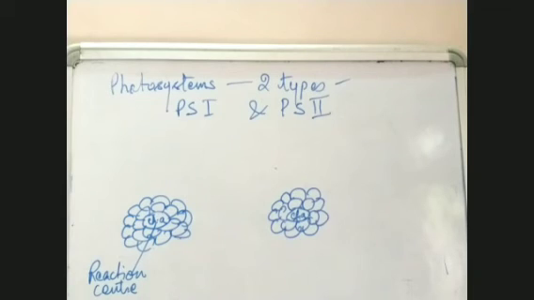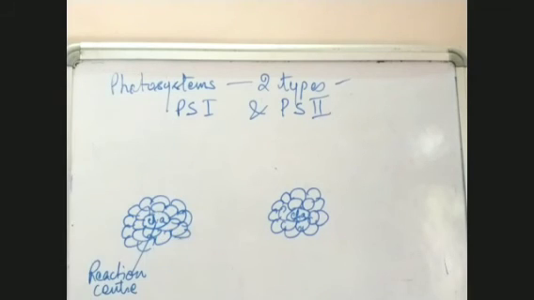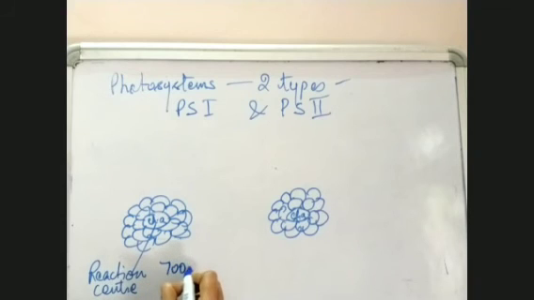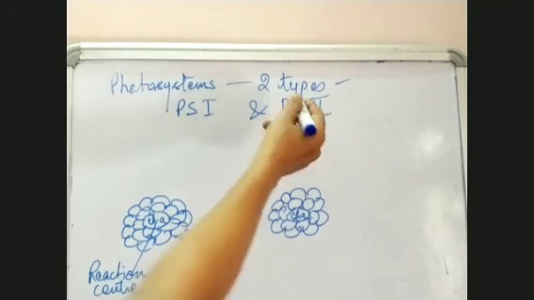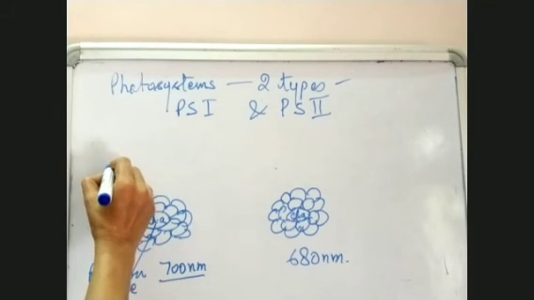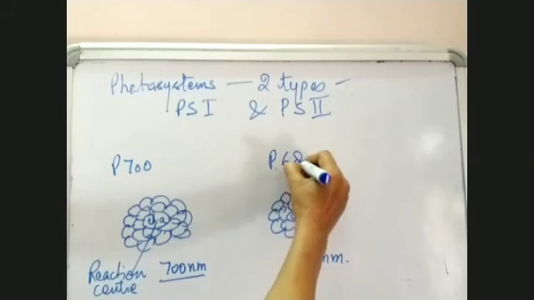That means if it is photosystem 1, this chlorophyll A has a maximum absorption wavelength, a peak, of 700 nm, whereas in case of PS2, it is 680 nm. So we also call this P700, and this is known as P680.